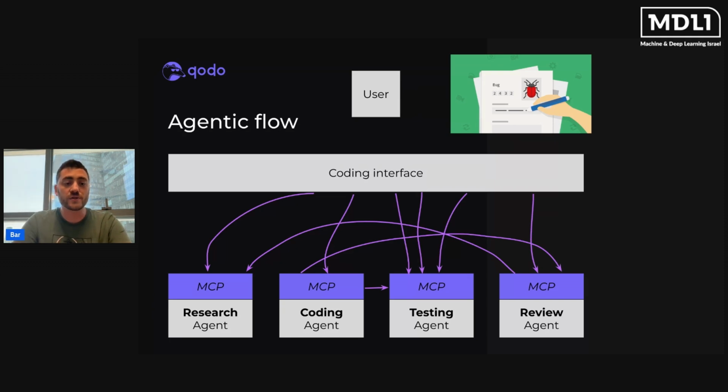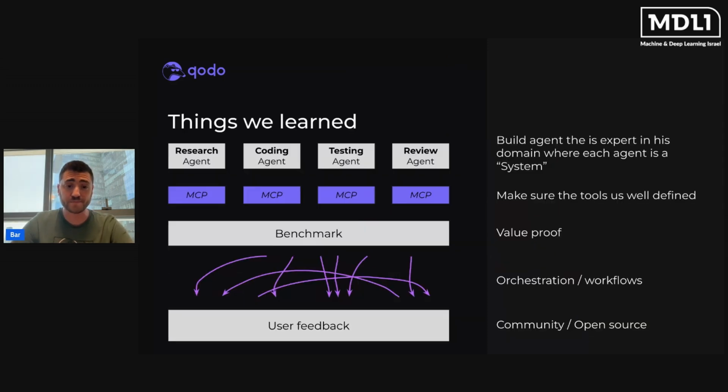So we need to first do a couple of research tasks, then do the review and make sure that this plan is according to the organization guidelines, and then do the coding and then the testing. It can be a lot of possible workflows to get the final results. It's not one deterministic workflow that I can say works for every company and any use case. There are a lot of workflows that are possible.